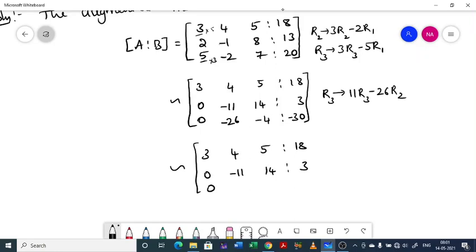The third row: 0, 0. Minus 4 into 11, minus 26 into 14, you can check that it will be minus 408. And again minus 30 into 11, minus 26 into 3, again it will be minus 408.